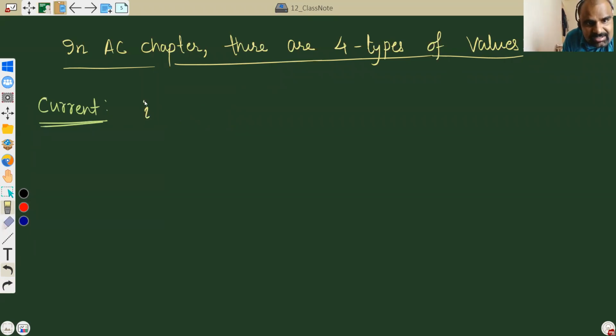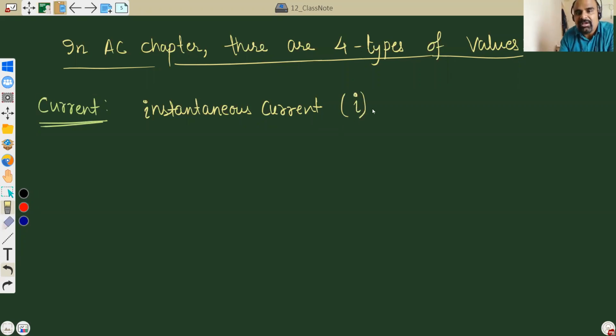One is called instantaneous current. Instantaneous current is represented by the symbol small i. Or if you want to be more specific, small i, and in the subscript you should write inst.